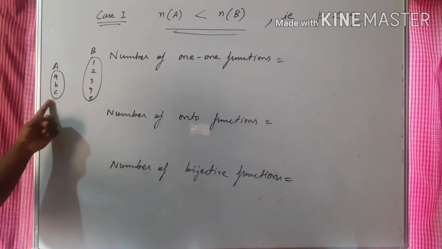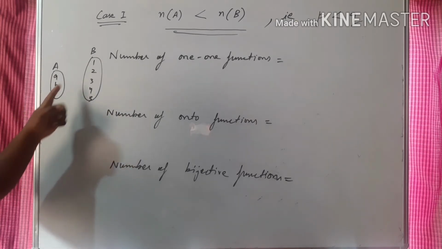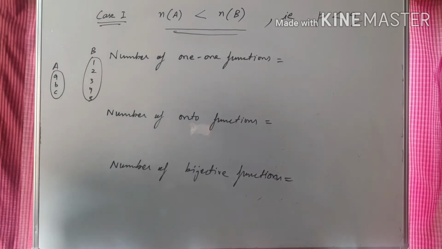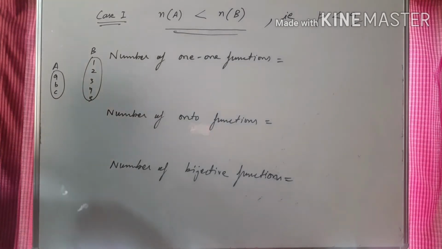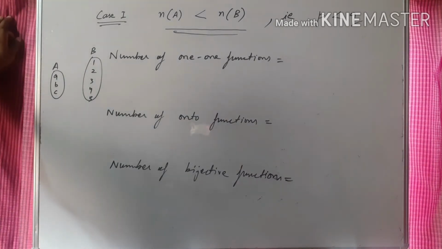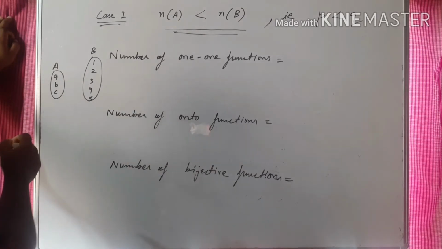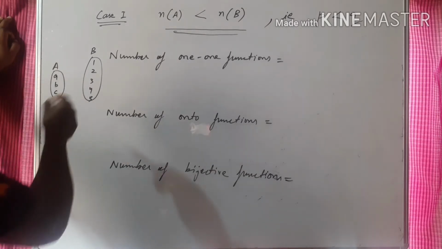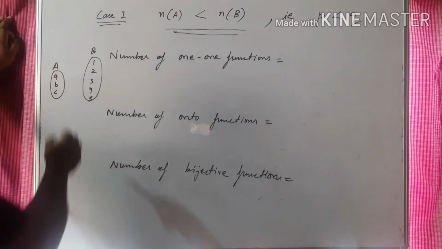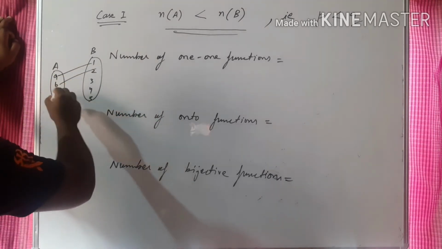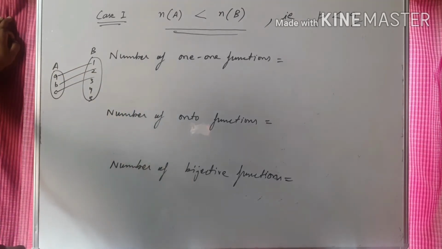So the cardinality of A is less than the cardinality of B. Here, if you look, you will notice that you can form one-one functions here. A one-one function can be formed, but an onto function is not possible. It will never be possible.